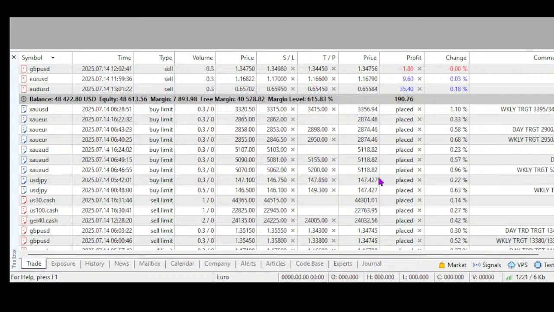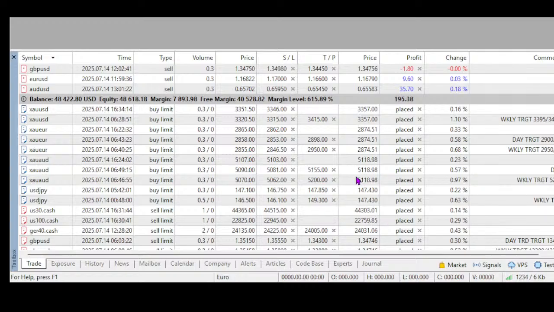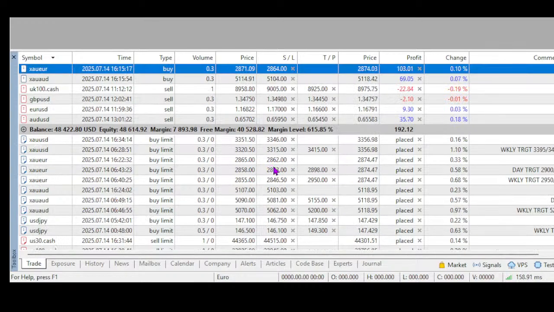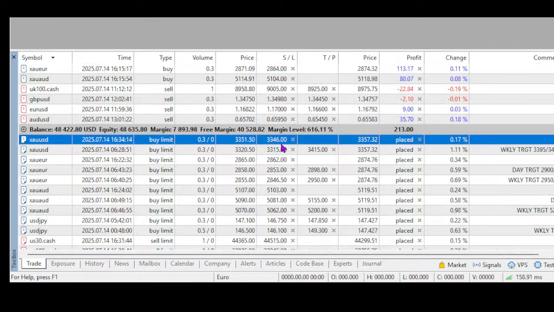Then the expiry we'll put 2 hours from now. So I have a new order which I've just keyed in on the gold. This is a re-entry order.